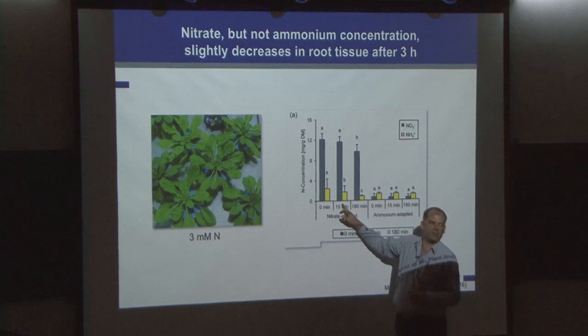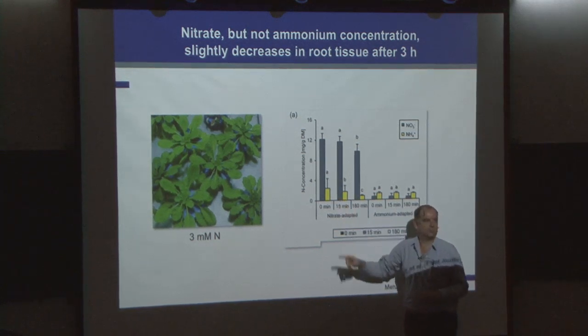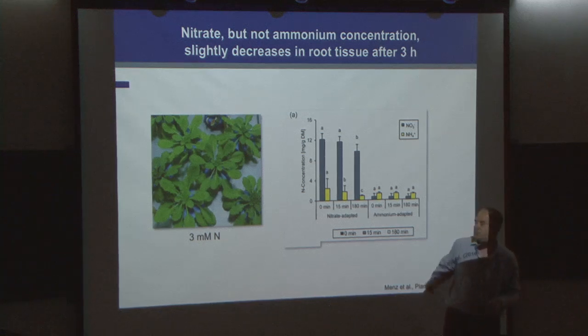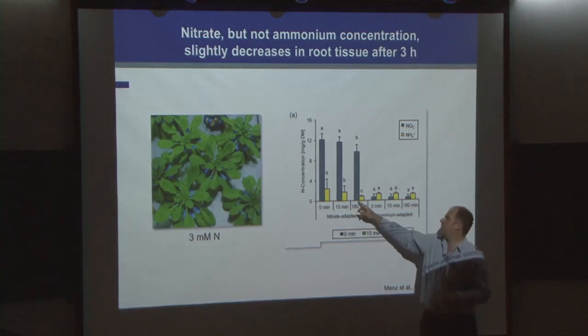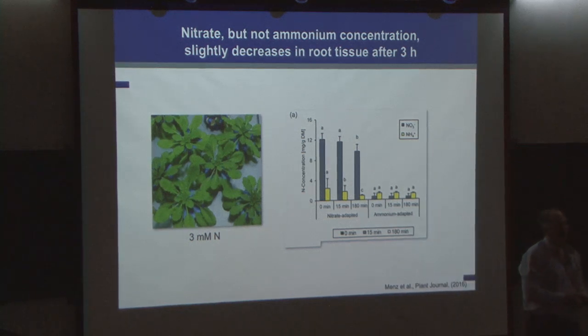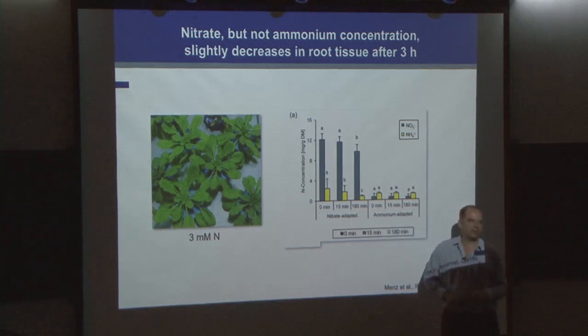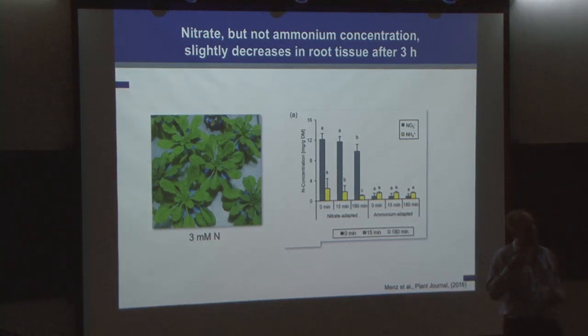After 15 minutes of transfer, the nitrate was the same. It was not used up yet. After 3 hours, yes, there was already a significant decrease. So after 3 hours, nitrate had gone down a little bit. That might be a good time point where we should see some first gene expression changes for nitrate regulation.